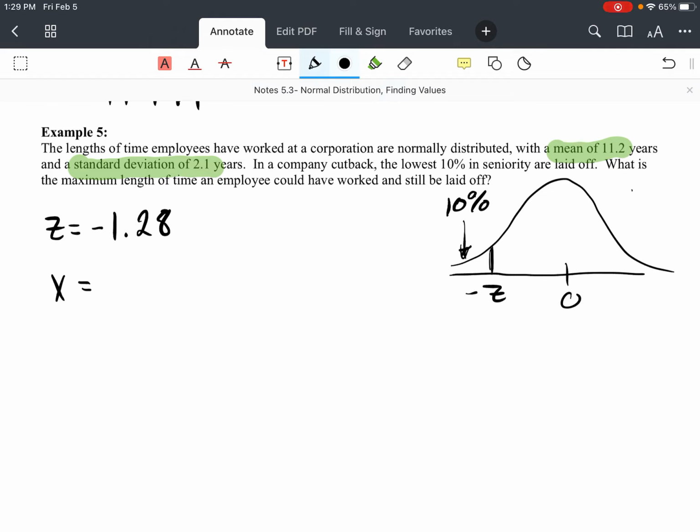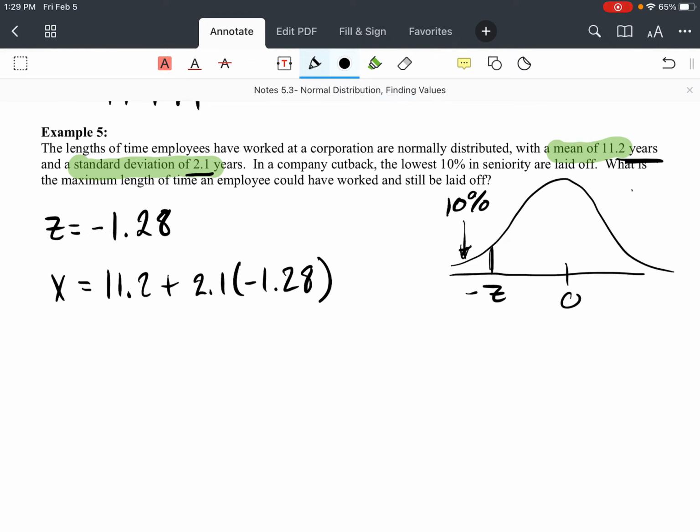Then I want to convert this from a position back into our unit of time, which is years. The way we do that is by simply saying 11.2 plus 2.1 times the z-score, or the position score.